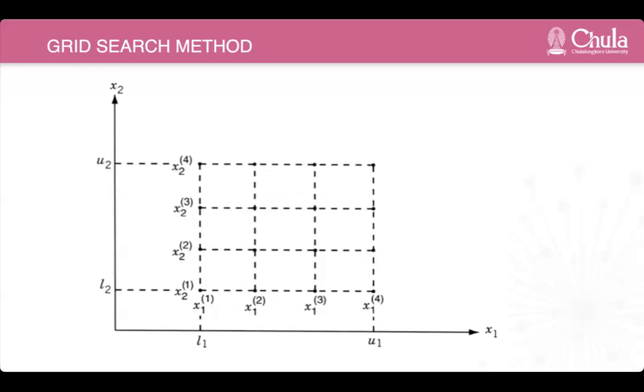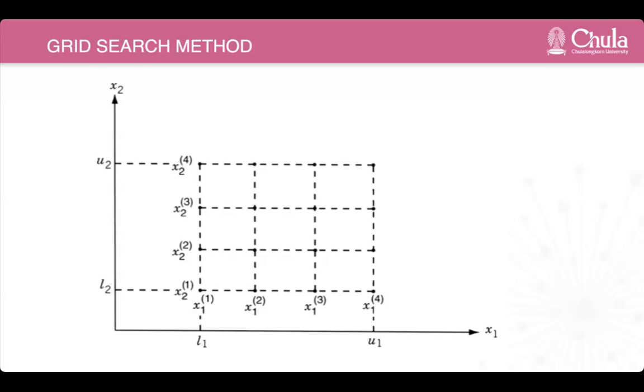So if your search space is too large, this becomes excessive. Computational time becomes excessive because too much time is spent to explore. But this is also one of the algorithms we can use.